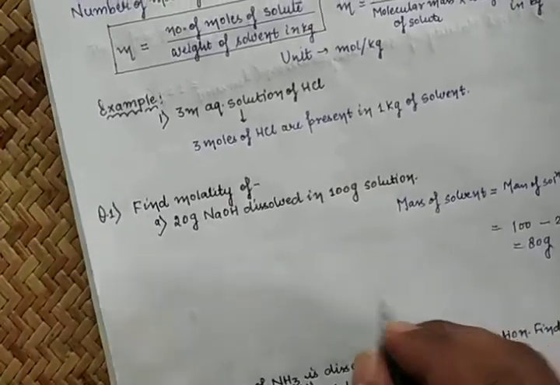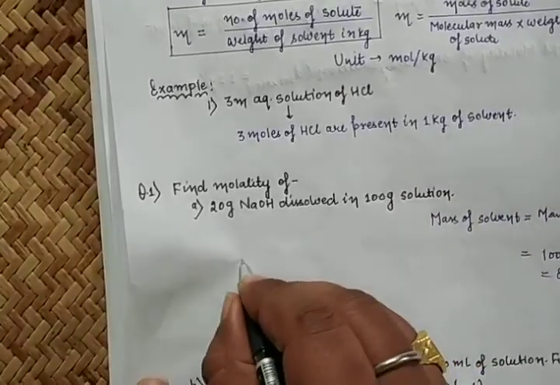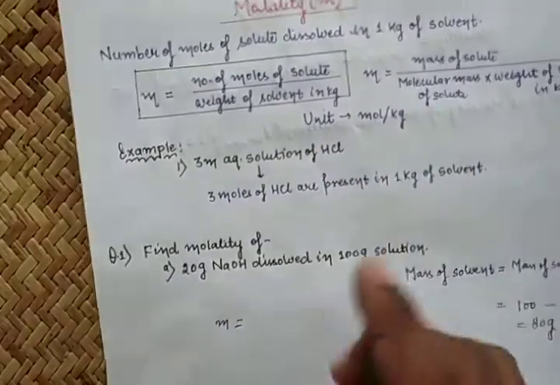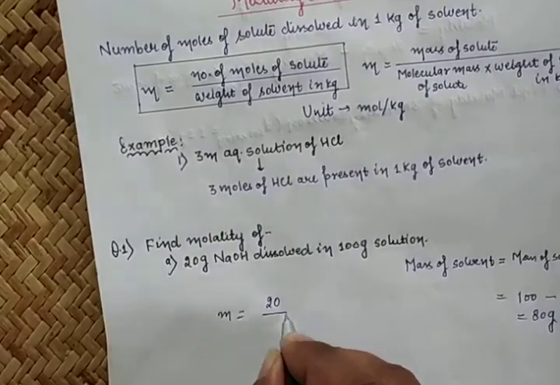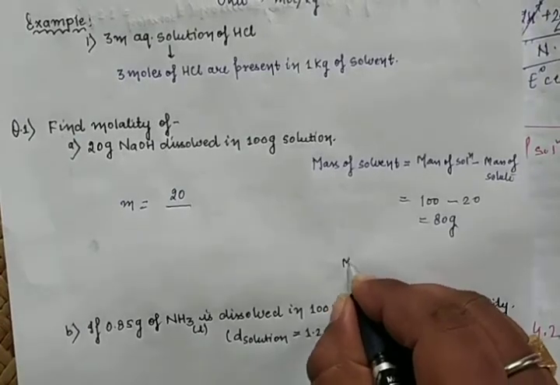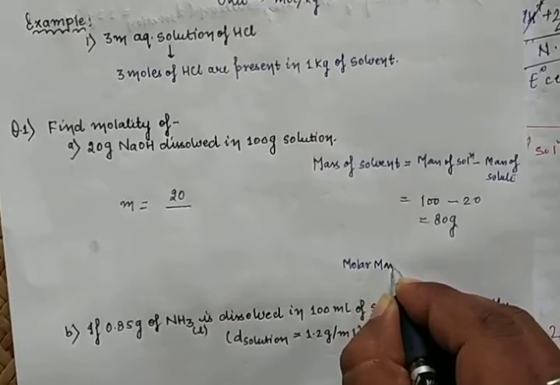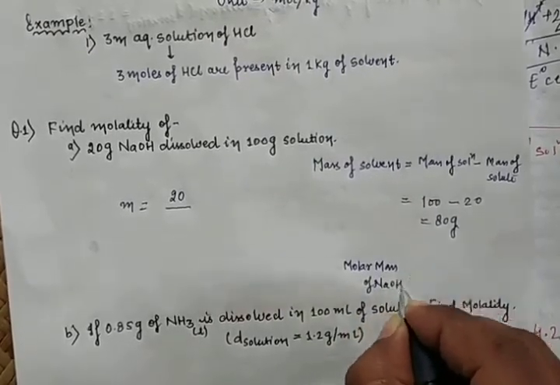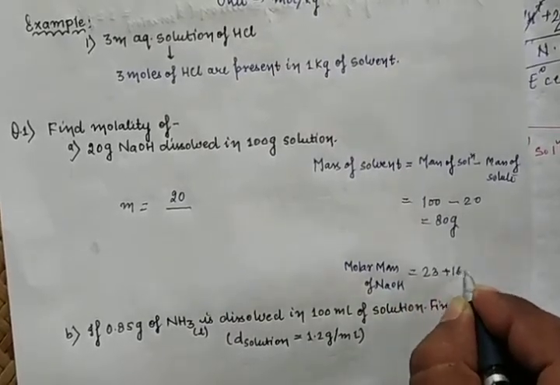Now in this case you have the formula of molality. Molality is equal to the second formula, mass of solute, which is 20, over molar mass of NaOH. So you find the molar mass: Na is 23, oxygen is 16 and hydrogen is 1.